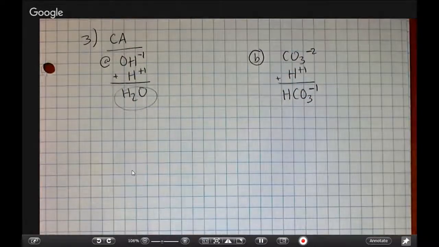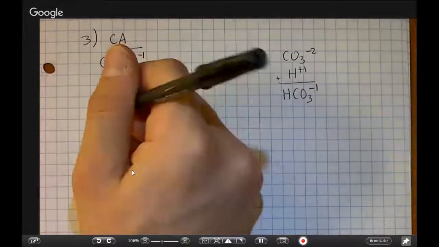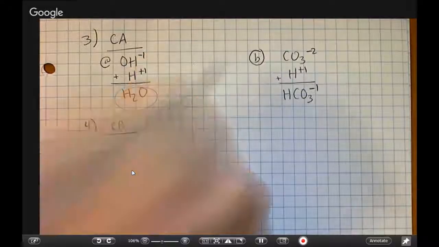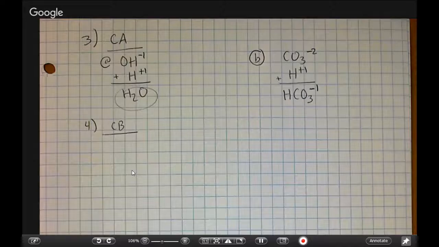Because you had a -2 and we add a +1 to it. So we get -1. Okay, so that's conjugate acid. If you can show the H, I'm happy. Generally, because we're going conjugate acid, the H's always go in the front.